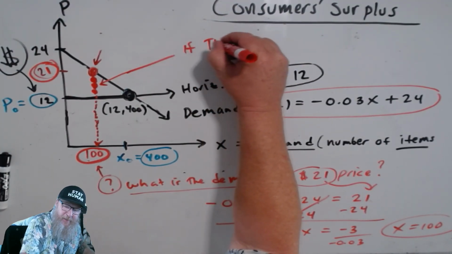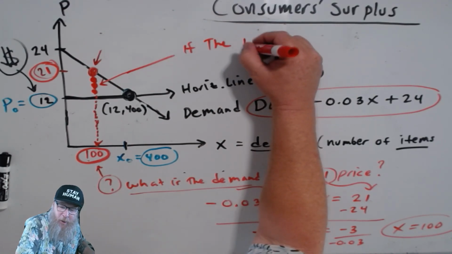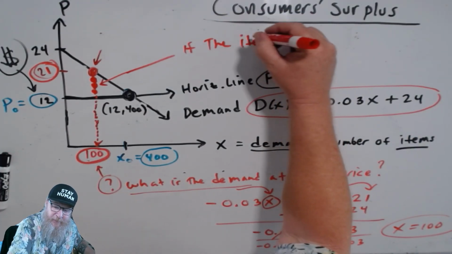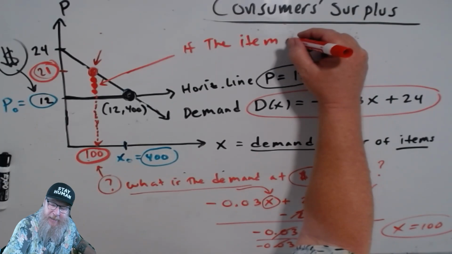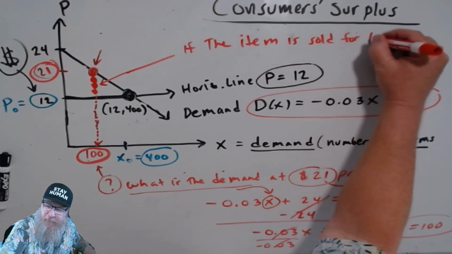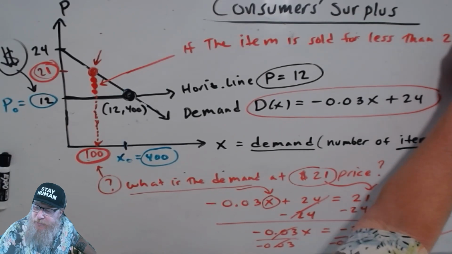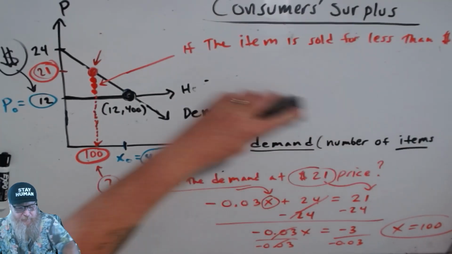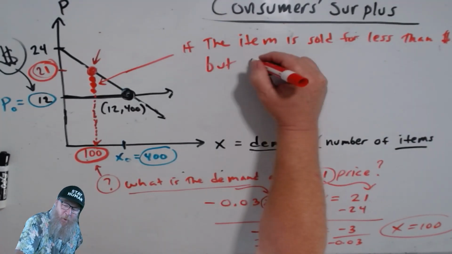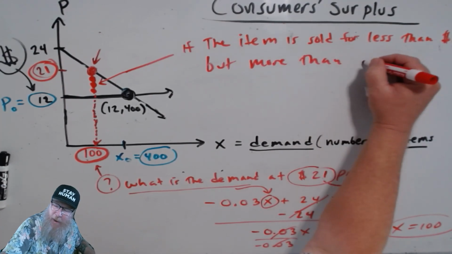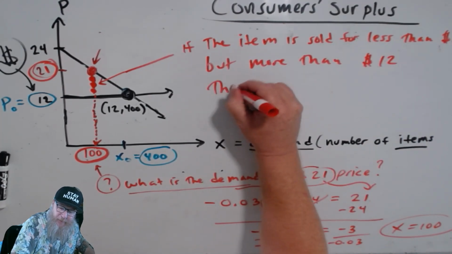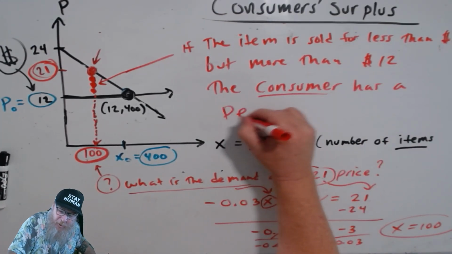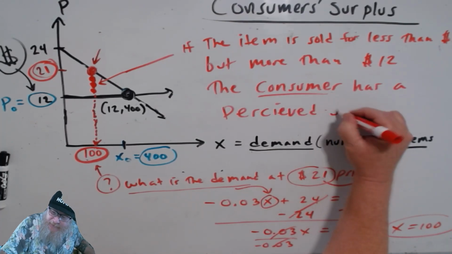If the item, or sometimes called a commodity, is sold for less than $21 but more than $12, the consumer has a perceived savings.